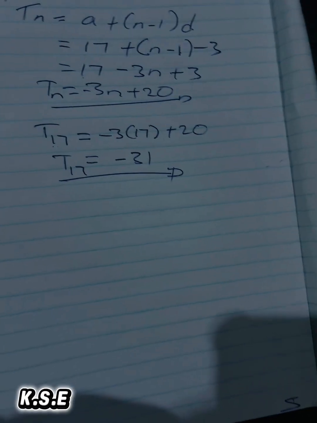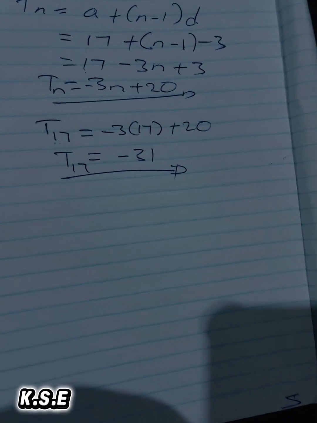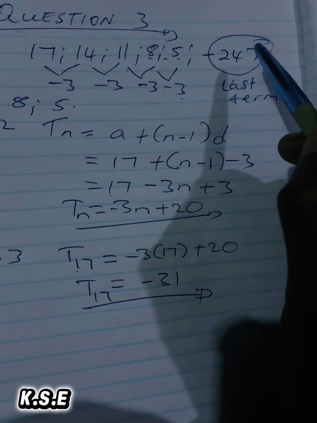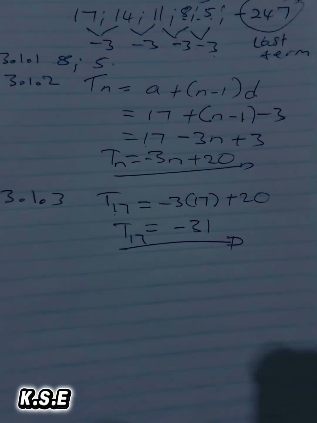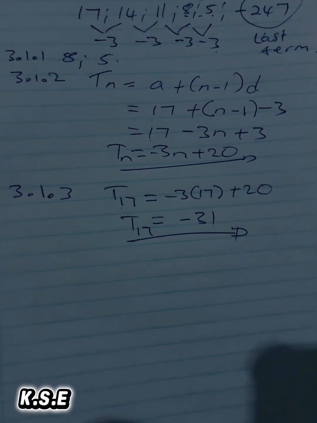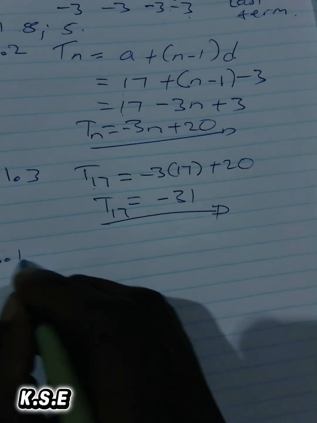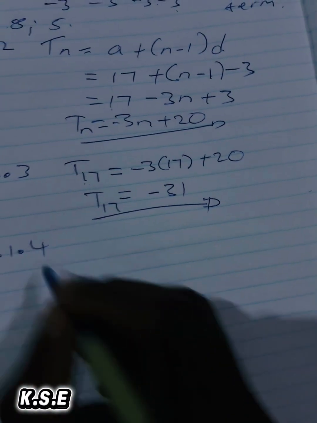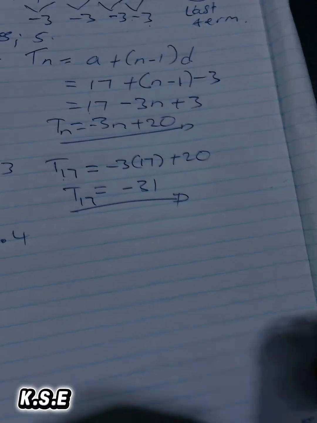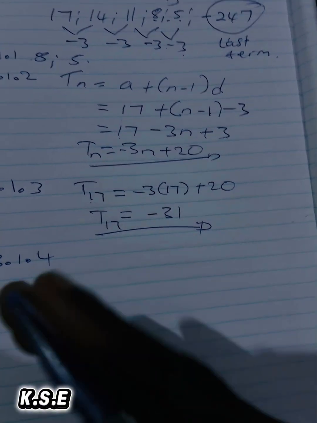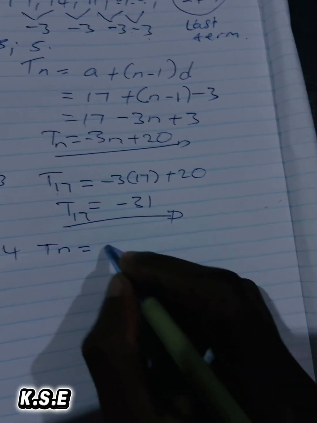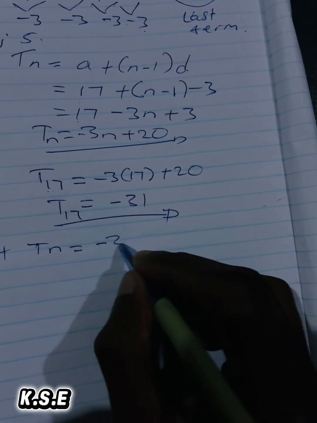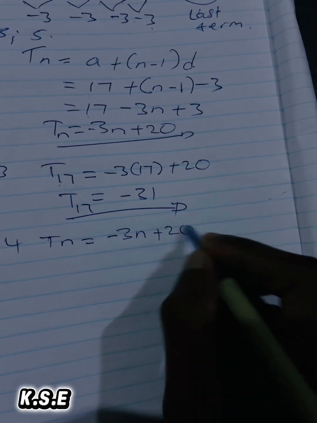The next question says determine the number of the terms in the pattern. Since we have the last term, now we can determine how many terms we have. So for 3.3.1.4, we're looking for the number of terms of the sequence. Tn is the nth term we solved, which is negative 3n plus 20.